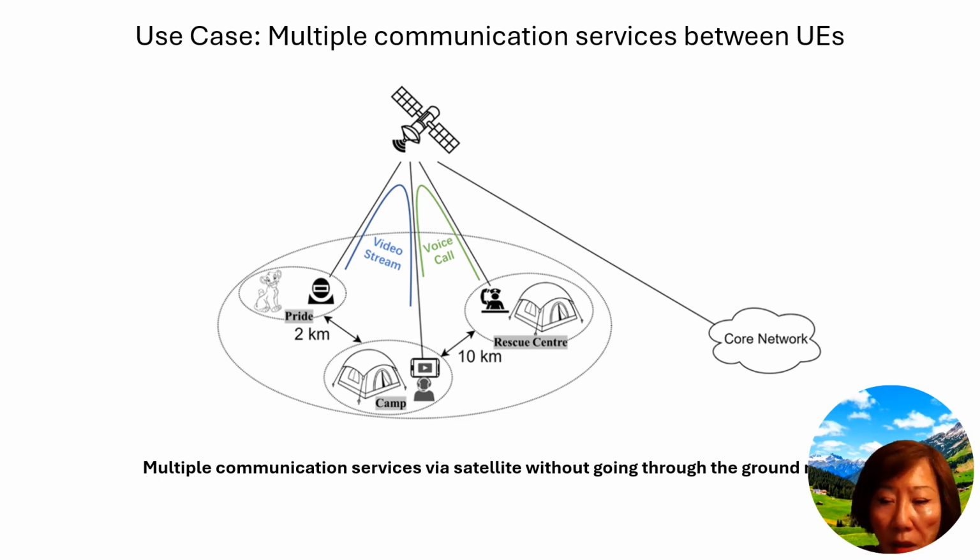The system supports different types of communication services simultaneously, the video streaming and voice calls in this case. Video streaming demands high bandwidth allocation, and voice calls not so much, lower bandwidth allocation. All communications between the different locations are routed through the satellite without involving the ground-based core network.